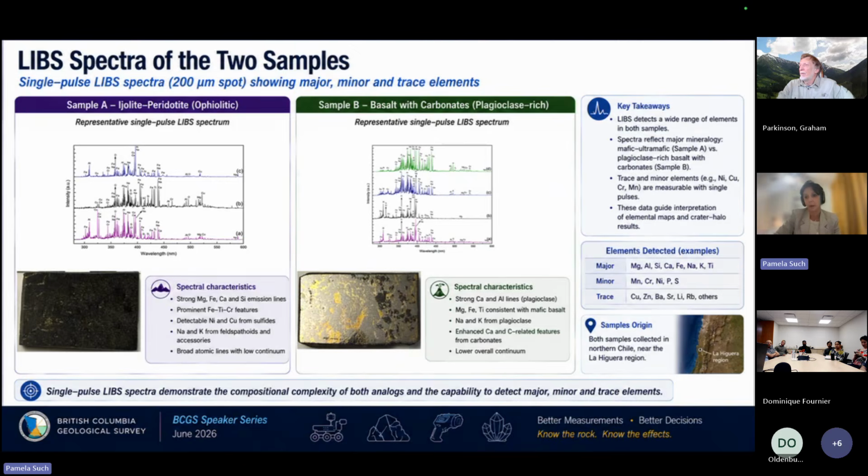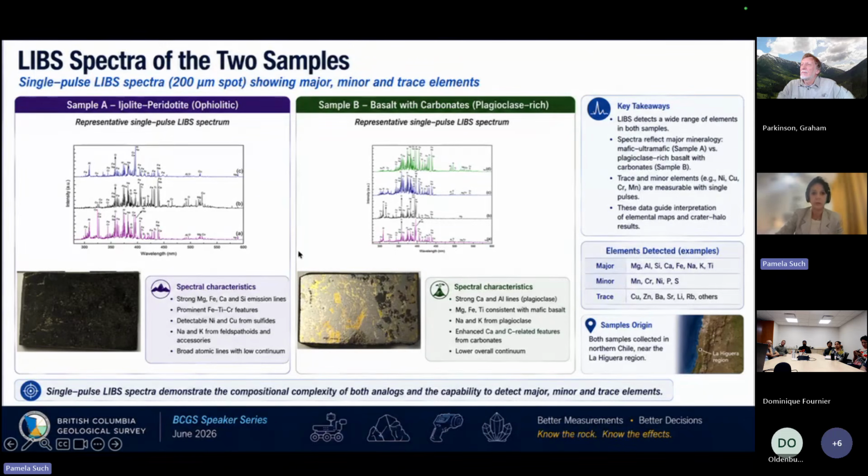We traced some minor elements, for example, nickel, copper, chromium, and magnesium. And the trace elements we also detected were copper, zinc, barium, strontium, lithium, and rubidium, among others.